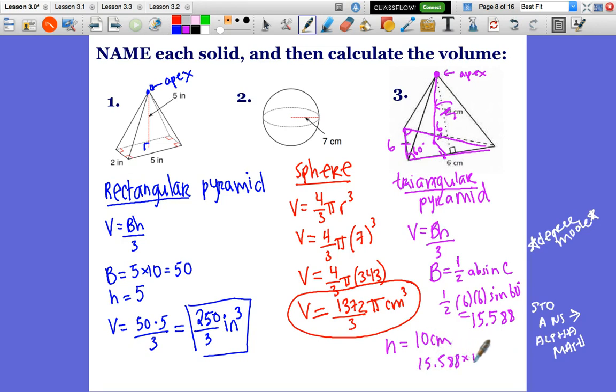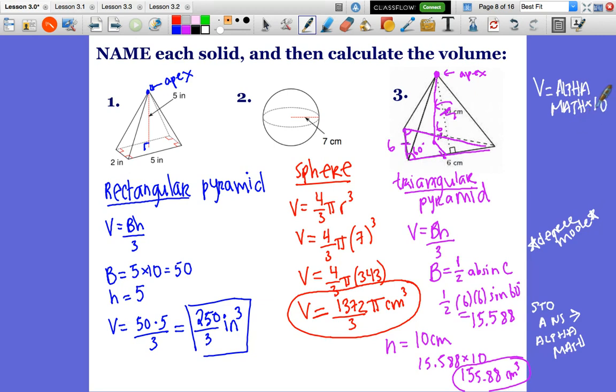We're going to do 15.588 times 10, and I'm going to get 155.88 centimeters cubed. If you stored it in your calculator, to find the volume you're going to push alpha A and then times 10.